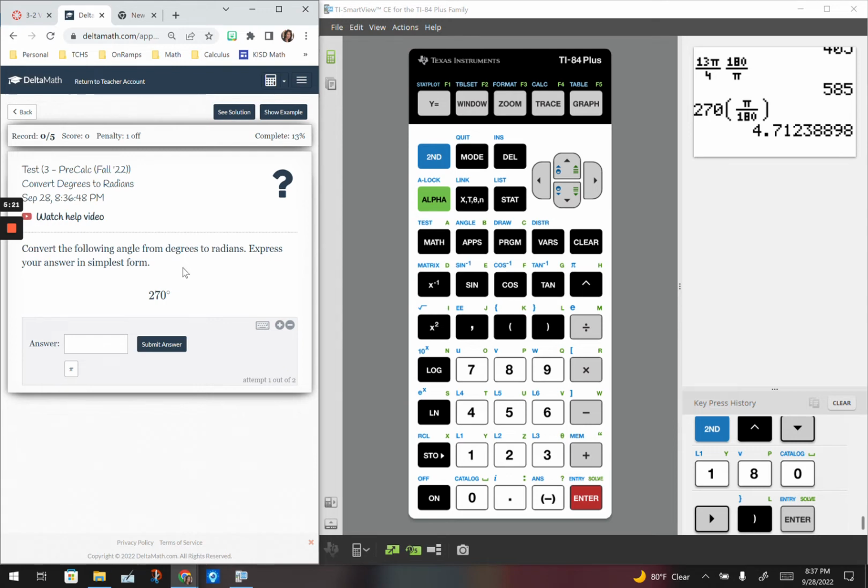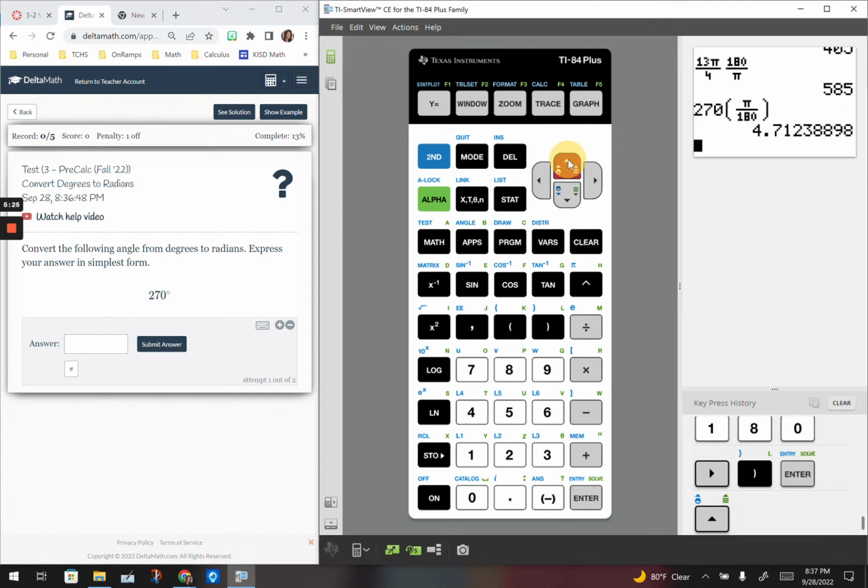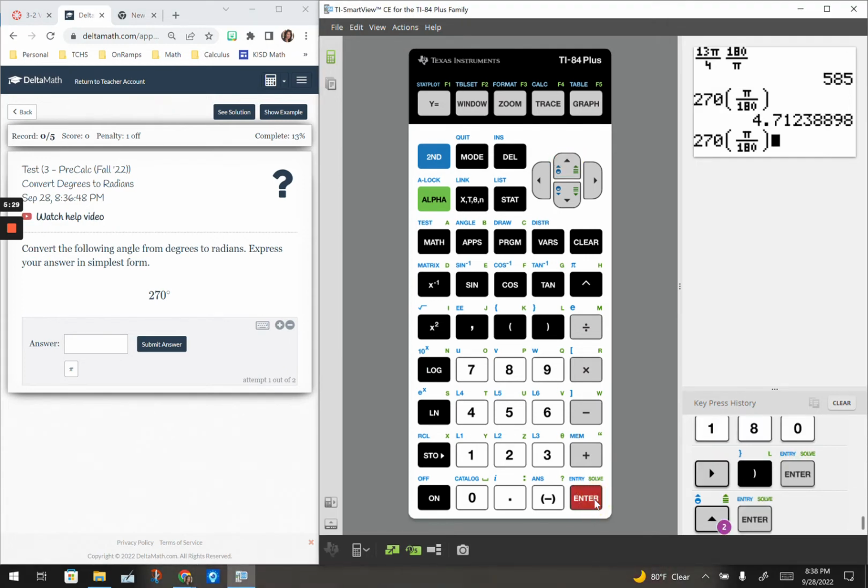So what I'm going to have you do is go up to your original problem, and instead of putting pi, I need you to put a placeholder of a 1. And what that does is you're telling the calculator, okay, look, I'm going to ignore the pi for right now. So pretend you're holding pi in your hand, okay? And remember, you're just putting it aside. You're not getting rid of it.